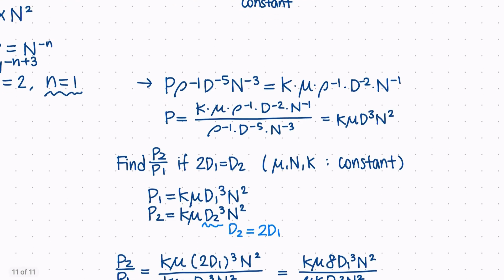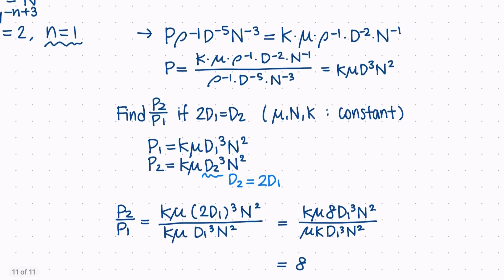To find the answer for the problem, we need to find p2 over p1, where the dimension is doubled, so we can write 2 d1 equals d2. We can also assume that mu, n, and k are constant. So we can write each p term with the above equation. p1 equals k times mu times d1 cubed times n squared.